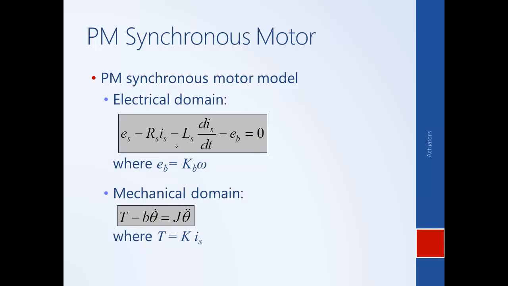In this case, I sub s is the current space vector. One way in which the parameters tend to be different between the two motors is that with a brushed DC motor, the inductance tends to be relatively small, but with a PM synchronous motor, the resistance tends to be smaller. With a permanent magnet synchronous motor, the friction can also be smaller than with a brushed DC motor.